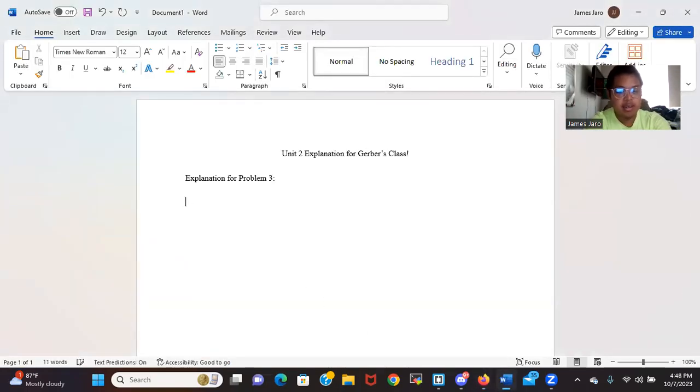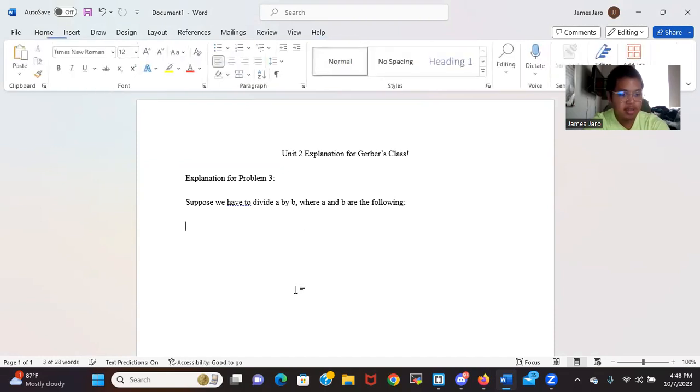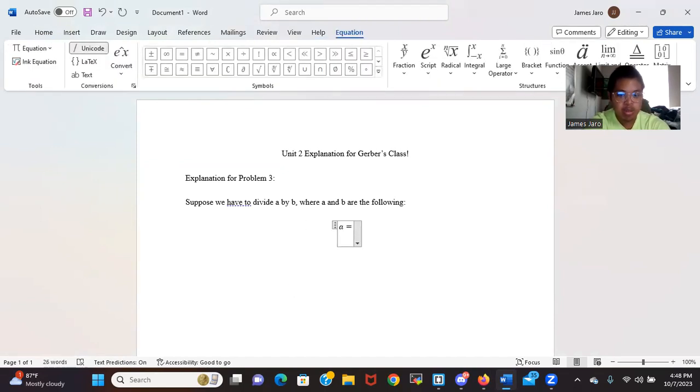So suppose we have to divide A by B, where A and B are the following. And I'll come up with a number. So we'll say A is equal to, let's say, 12 to the 20th power, and we'll say B is 7.